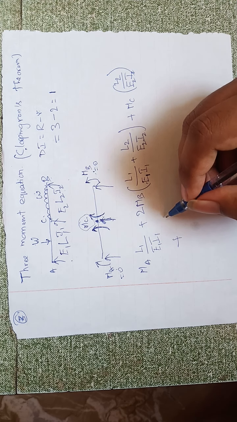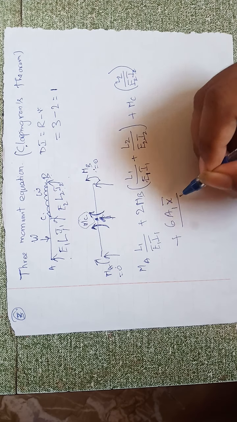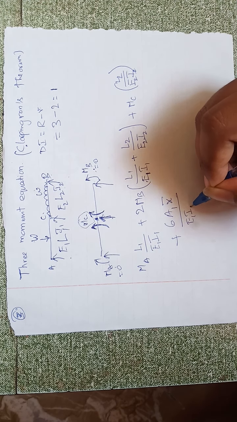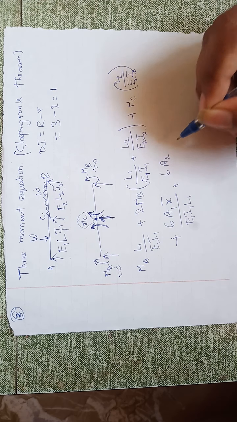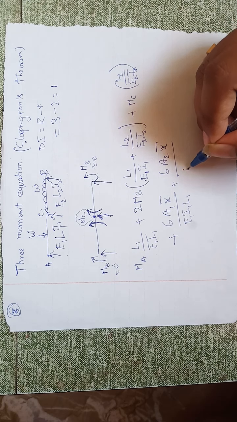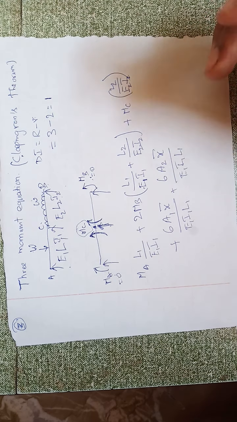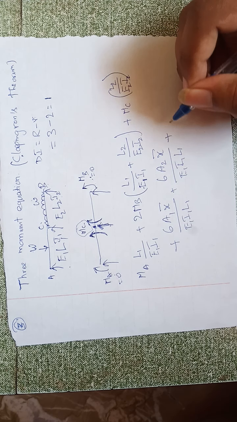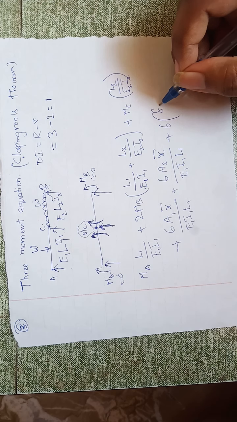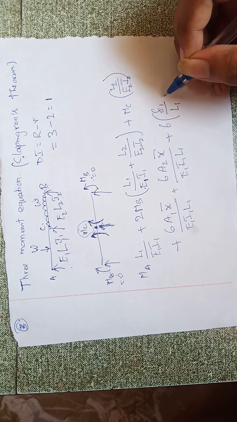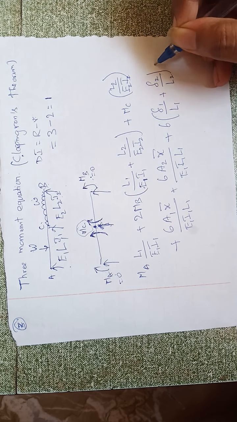plus 6A1 x bar by E1 I1 L1 plus 6A2 x bar by E2 I2 L2 plus 6 (delta 1 by L1 plus delta 2 by L2) equal to 0.